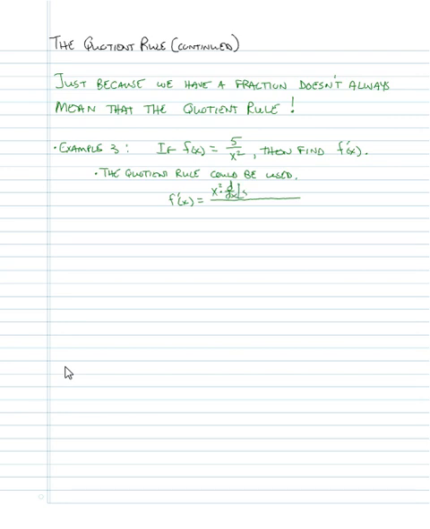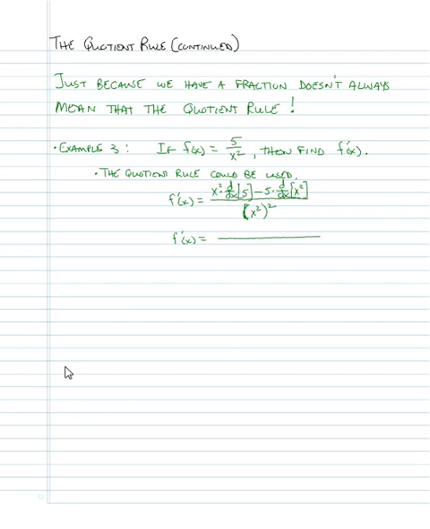In this case, the numerator is 5, minus the numerator, which is 5, times the derivative of the denominator, and the denominator is x squared. And we take the old denominator, which is x squared, and we square it. And so using the product rule here, the quotient rule is a little bit complicated.